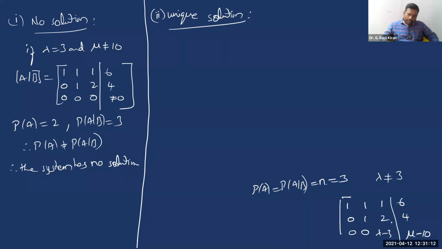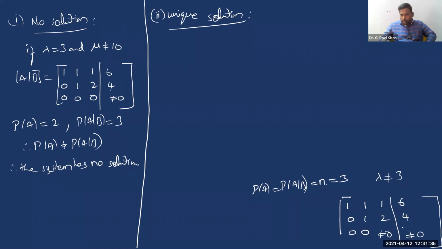Okay, let us see. Lambda is not equal to 3. When lambda is not equal to 3, here we'll get not equal to 0. What if mu is also not equal to 10? Mu may be equal to 10 or not equal to 10, only two cases, right? So when mu is not equal to 10, here we'll get this element as not equal to 0. So then definitely yes.